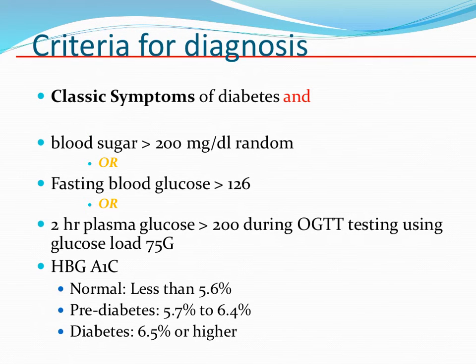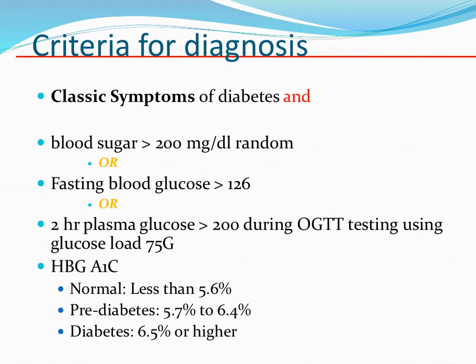We diagnose someone with type 2 if they come in with the classic signs and symptoms of diabetes, and their random, not fasting, blood sugar is greater than 200, or a fasting glucose greater than 126, or their oral glucose tolerance test shows an increased glucose load, or their hemoglobin A1C is greater than 6.5.